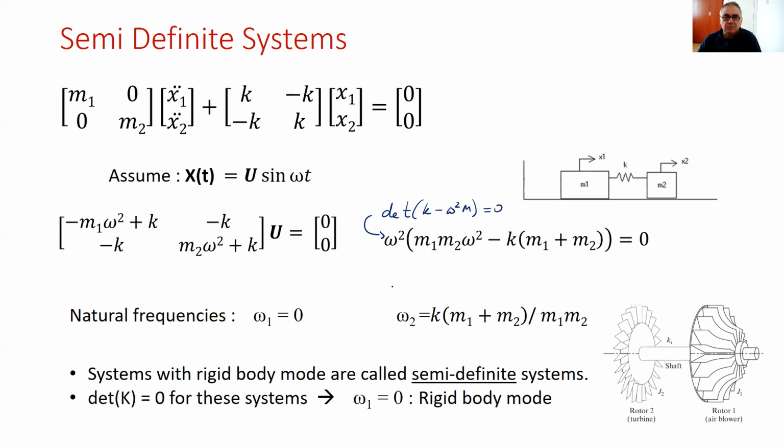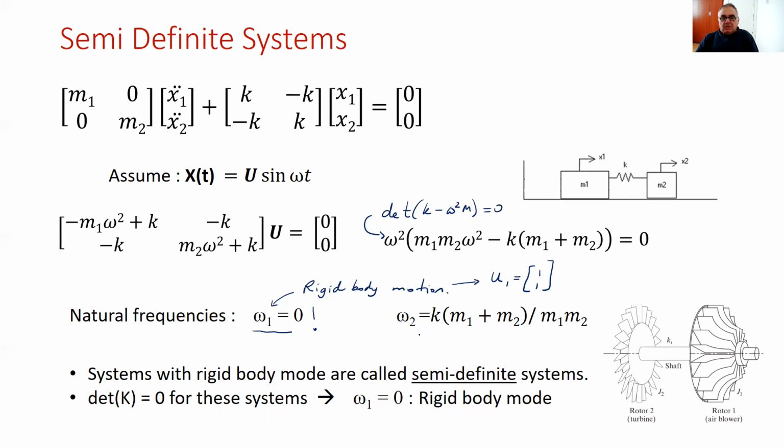From which you can solve for the natural frequencies, and the first natural frequency comes out to be 0. And the second natural frequency is something, it doesn't matter. But this means that the system does not vibrate. This means no vibration. This means rigid body motion. The system makes rigid body motion, and the corresponding mode shape here will be 1, 1, okay.